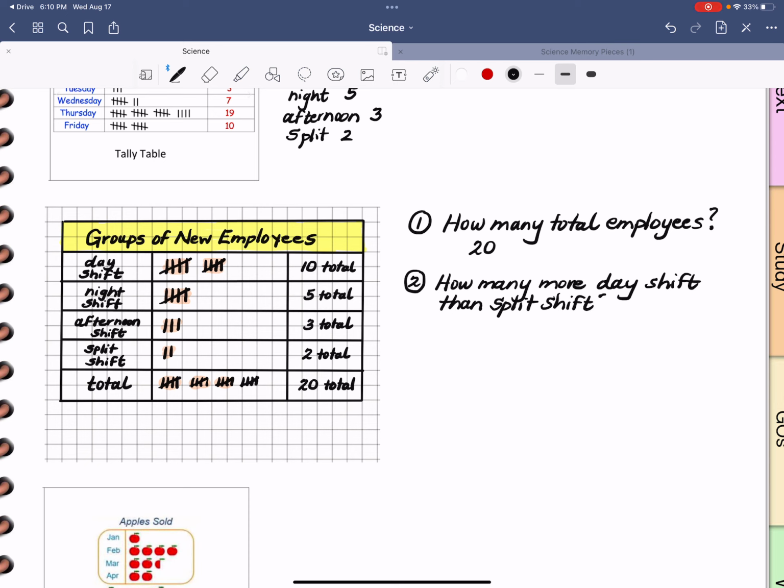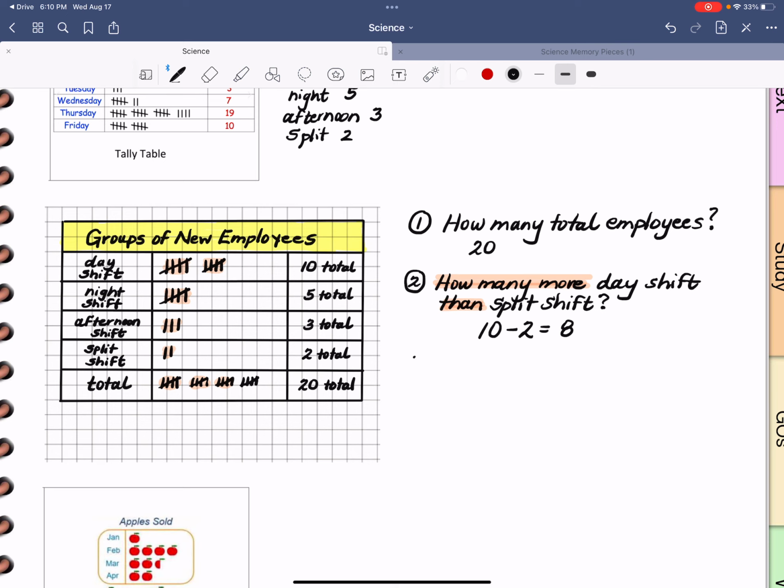So, again, the clues on this question are how many more and also the word than. Those are both telling me to subtract. So you take the day shift crew minus the split shift crew, and the answer to this question would be 8. So they can ask you lots of math questions about this.